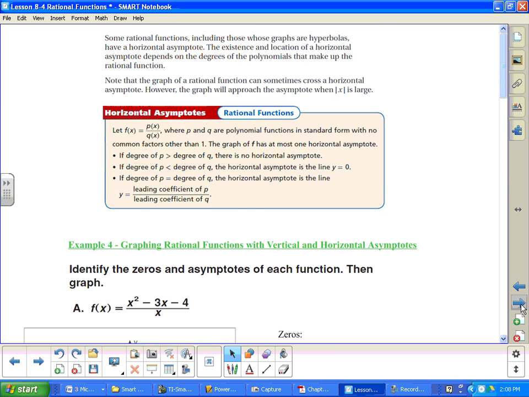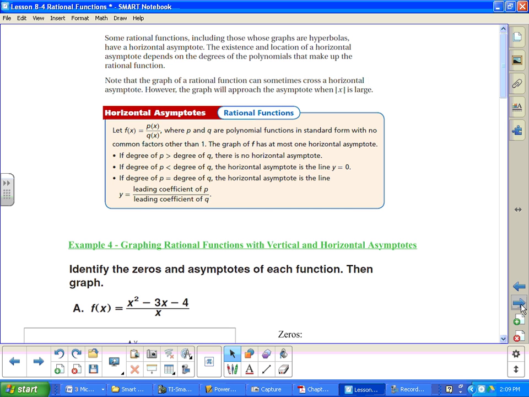All right. Horizontal asymptotes. Now, horizontal asymptotes are basically what happens when the values of x are really large or really small. The horizontal asymptotes depend upon the degree of the numerator and the denominator.